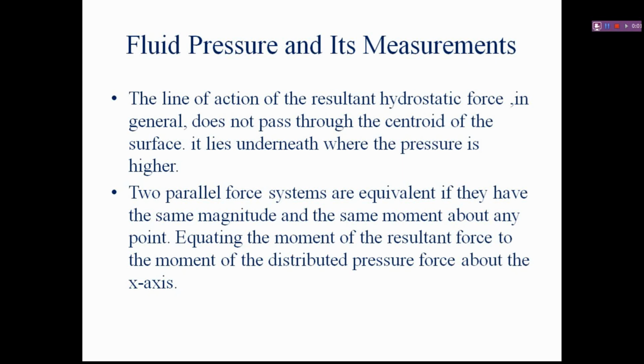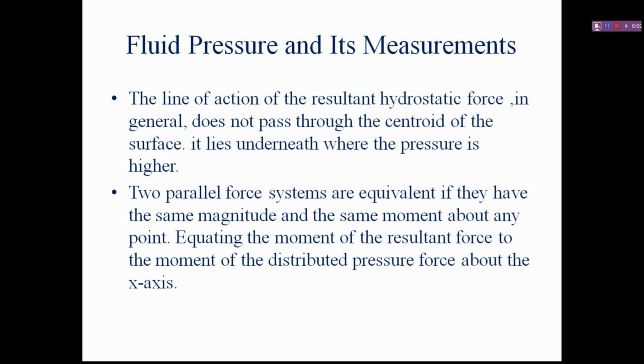Now we will discuss the line of action of this force and how we derive the equation for finding out the total pressure. First we shall go through the line of action. This is the line of action of the resultant hydrostatic force. Hydrostatic force means again the liquid at rest exerting force on the object immersed in it.